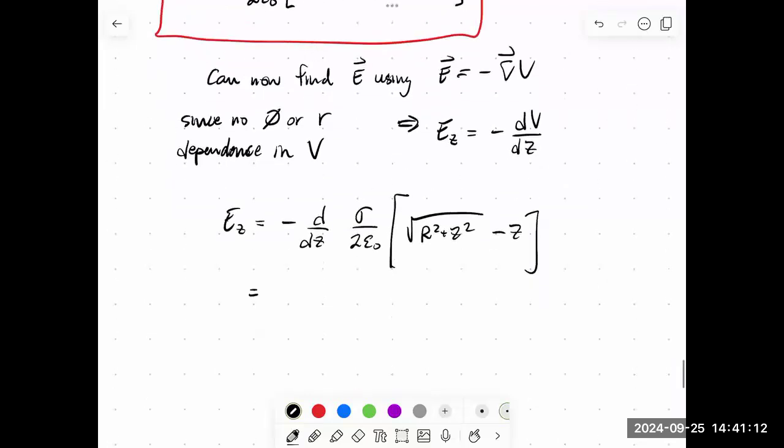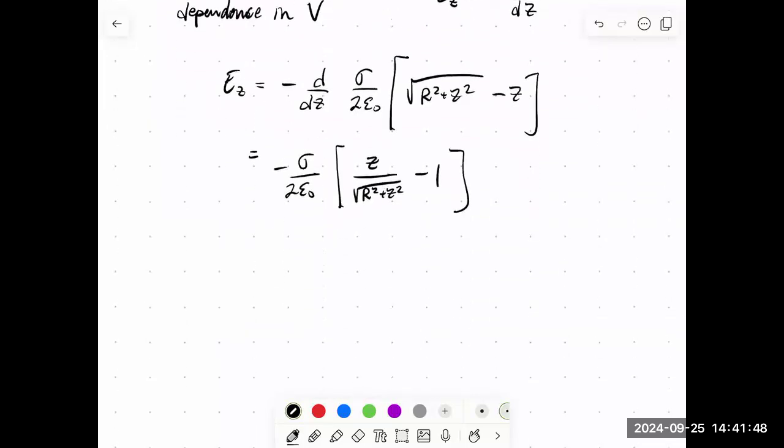So we get minus sigma over 2 epsilon naught. We're going to get a 1/2, and the square root goes to the bottom, and then we pick up a factor of 2z from the chain rule. So the 2z and the 1/2 cancel. We'll get z over the square root of r squared plus z squared. And then the derivative of the next term z is just 1, and there's a minus sign.